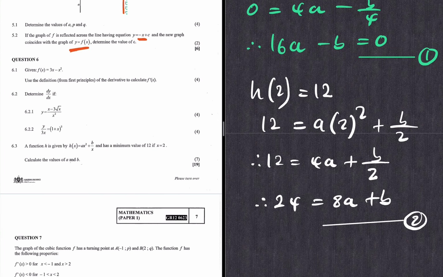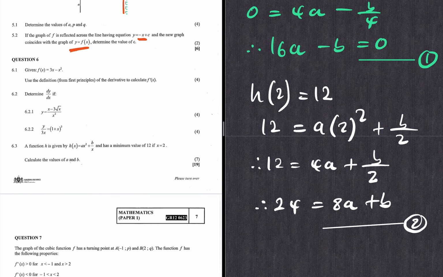So how do you solve this? It should be very easy.